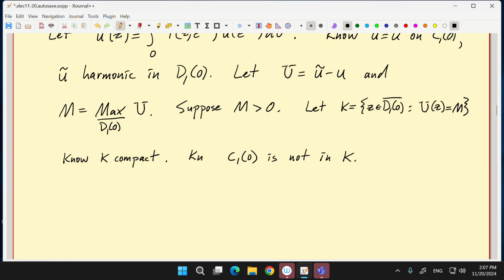And we know that the unit circle doesn't intersect K. So in fact, K is a compact subset of the unit disk.